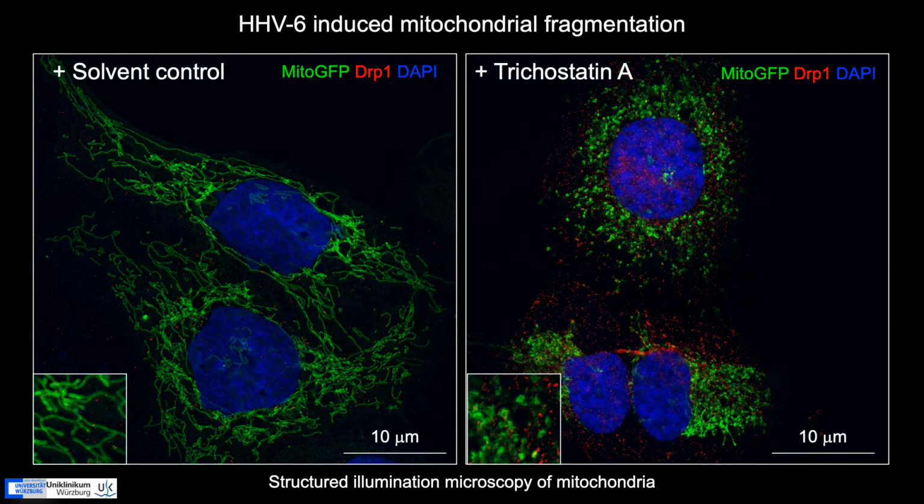Here are some more images from structured illumination microscopy showing a completely different form of mitochondria in virus reactivated cells. These cells were reactivated for HHV-6 using a histone deacetylase inhibitor called trichostatin A.